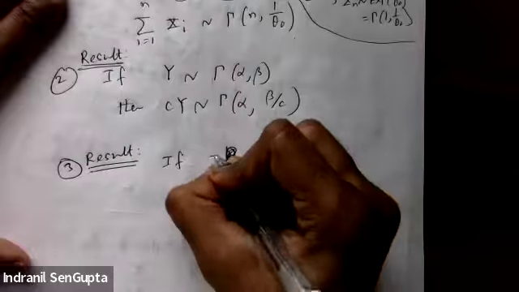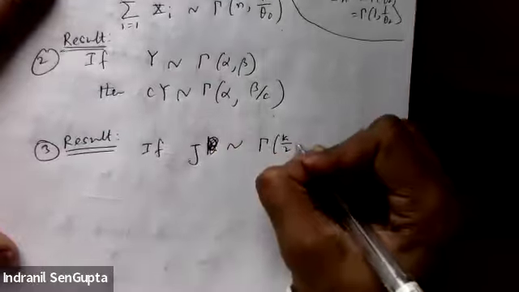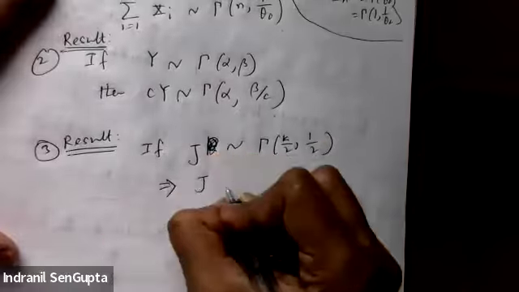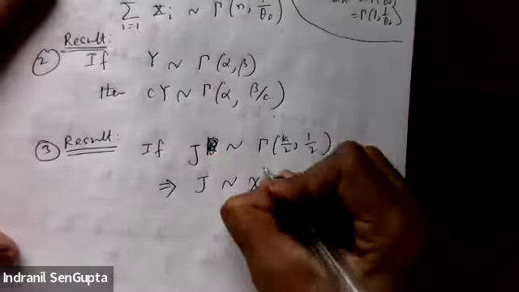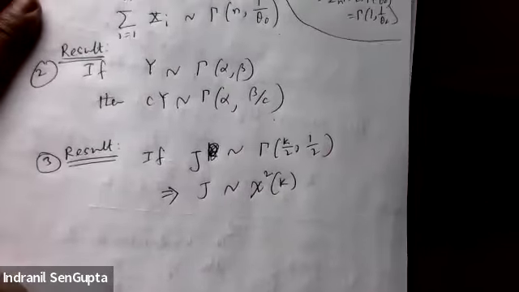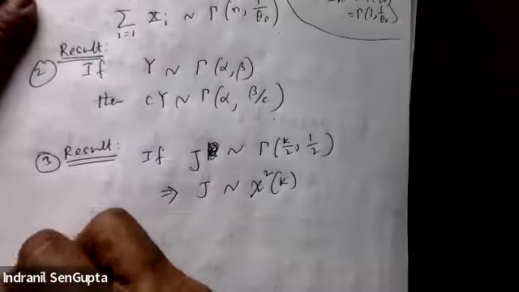That's why k is a bad notation. Say j. j satisfies gamma of k over 2, comma 1/2. Then j satisfies the chi-square distribution with k degrees of freedom. Okay. Now let's see based on this one.